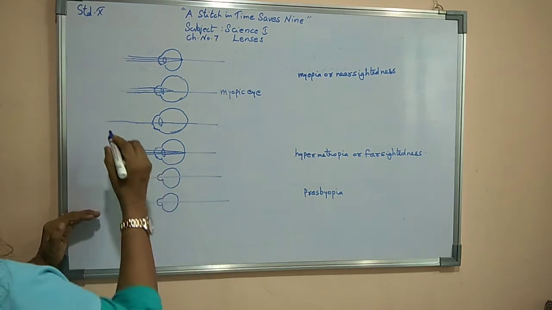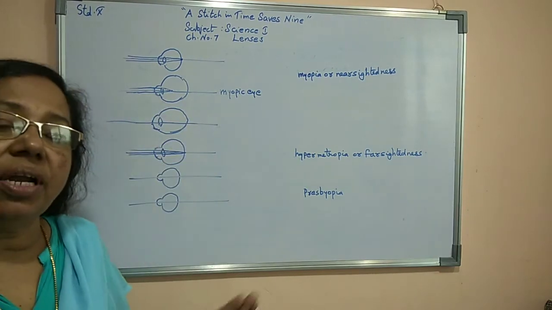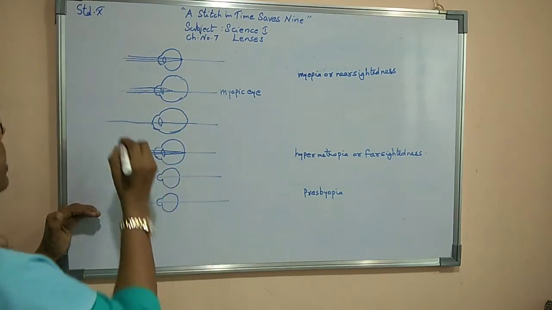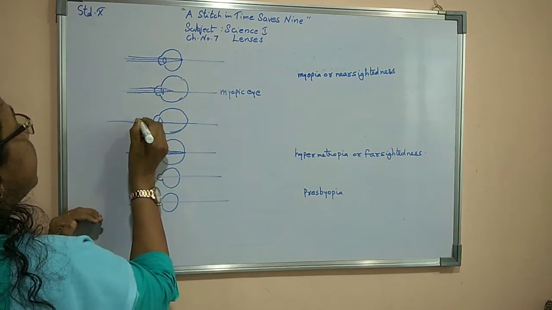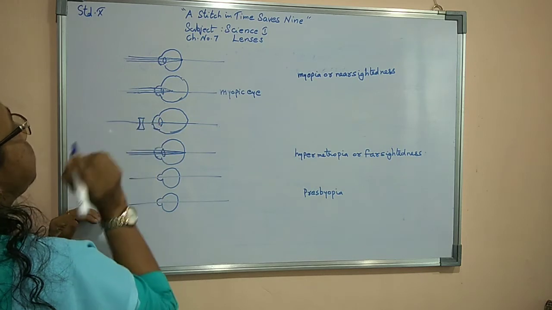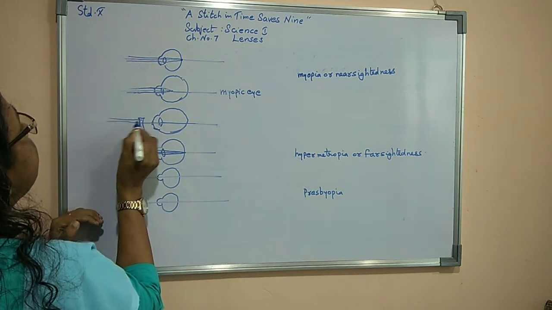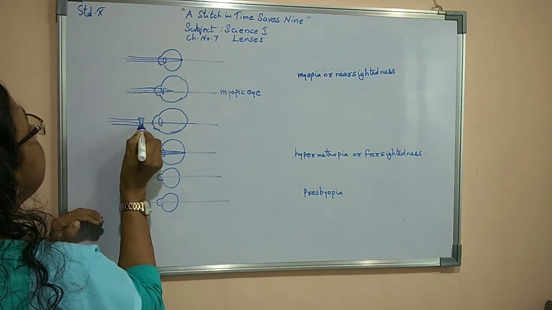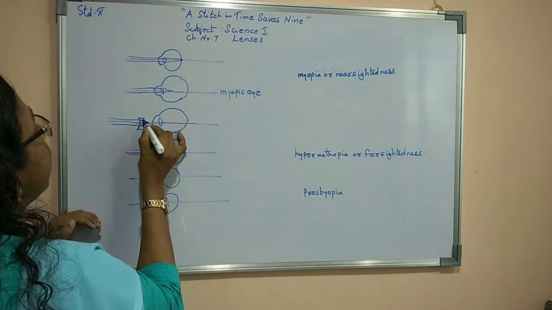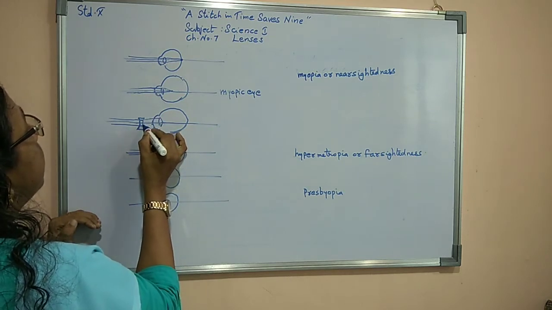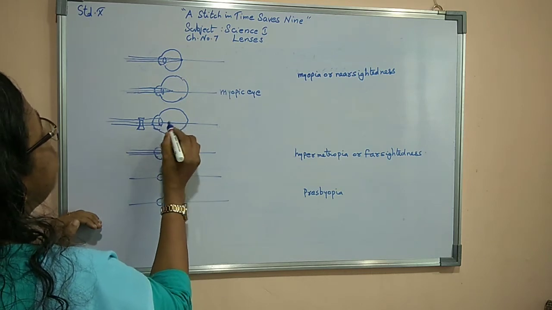Now, for correcting this defect, this disease we cannot cure, we can only correct it. For correcting that, we can use a concave lens in the spectacle. After hitting on the concave lens, the ray diverges a bit and falls on the eye lens.